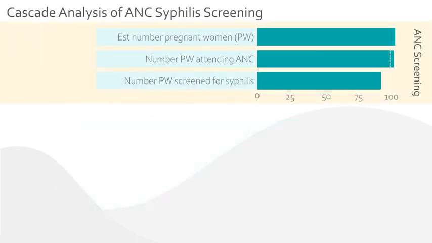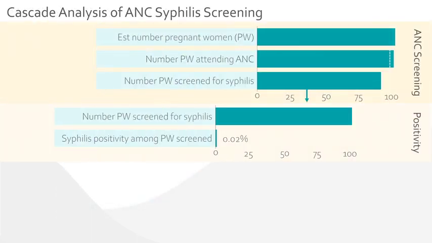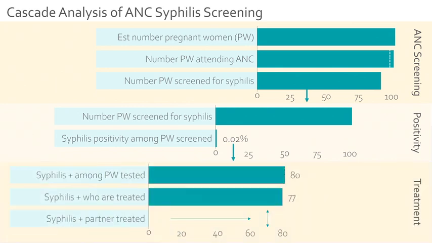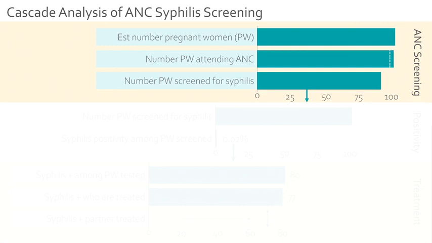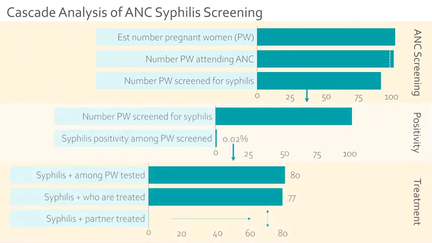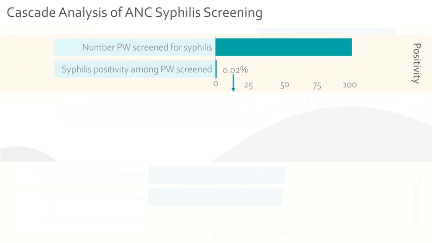This STI screening information can be presented as part of a cascade analysis. Other important indicators shown here are syphilis positivity rate and percent treated. The first chart shows ANC screening performance. The second chart indicates the positivity rate among those tested.